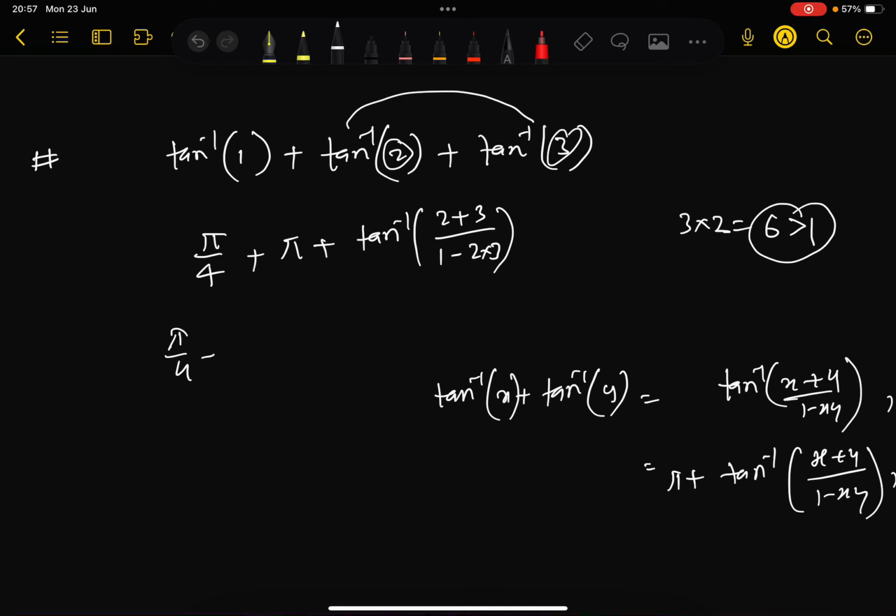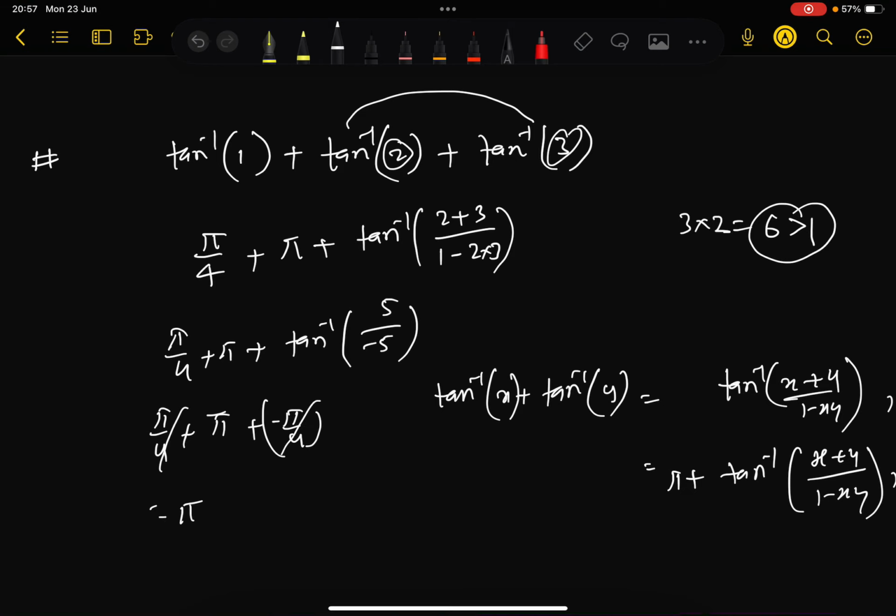So pi by 4 plus pi plus tan inverse of 5 upon minus 5. 5 by minus 5 is minus 1, so tan inverse minus 1 is minus pi by 4. So this and this get cancelled, and you will get pi.